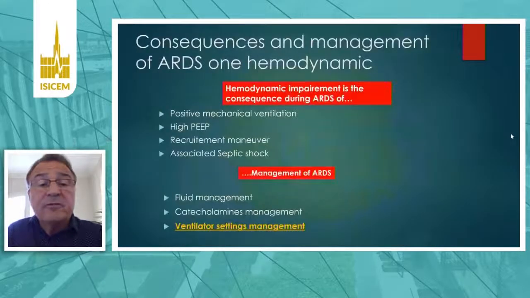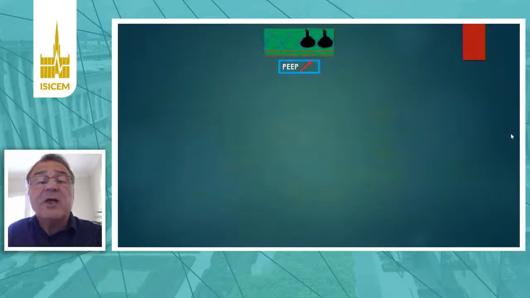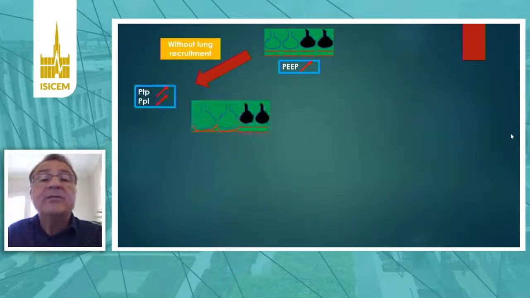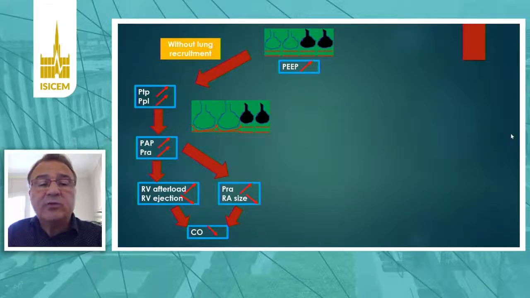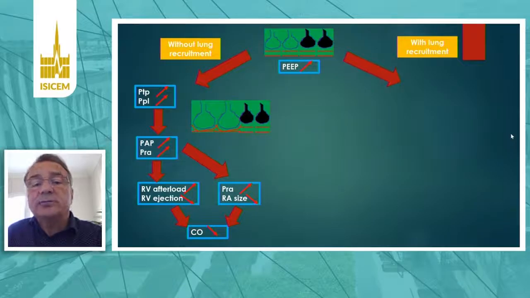Second point, ventilator settings management. My proposal is, if you decide to give a high PEEP to a patient, and if you don't open the lung before this high PEEP, the risk is to increase the right ventricular afterload, to induce acute cor pulmonale, and then to decrease the cardiac output.